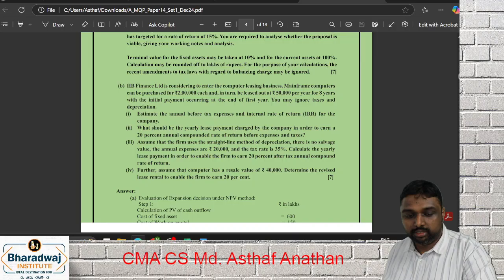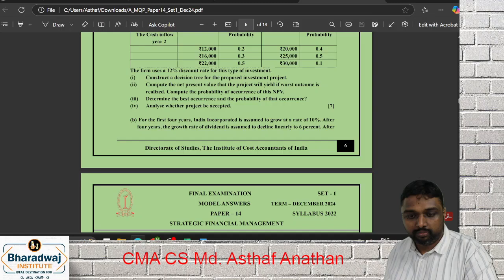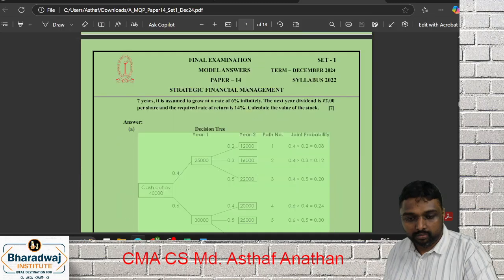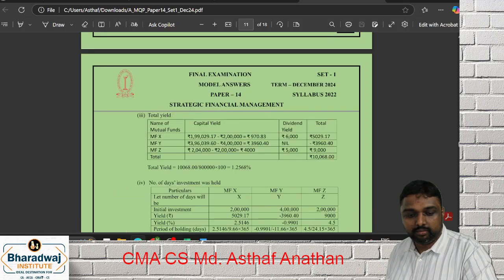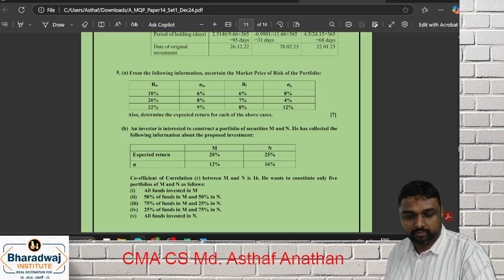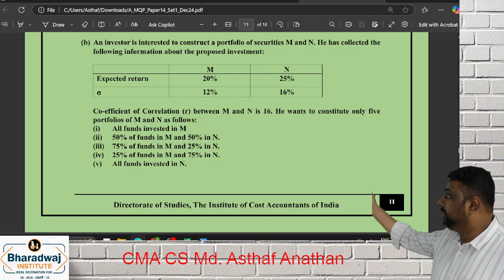So if I am going through portfolio, let's see. We need only questions. This mutual fund, you will wonder now, the first question, we discussed this question today.